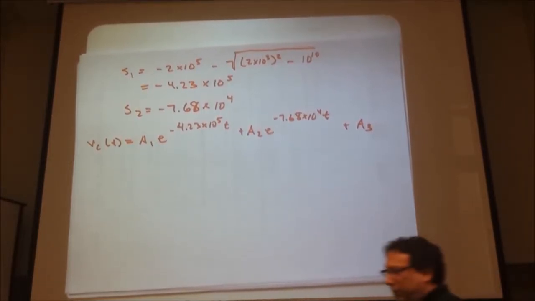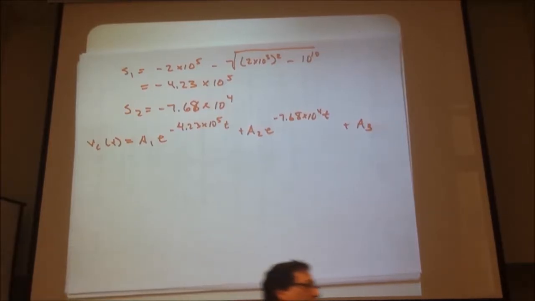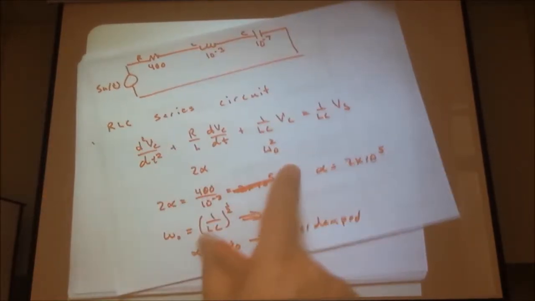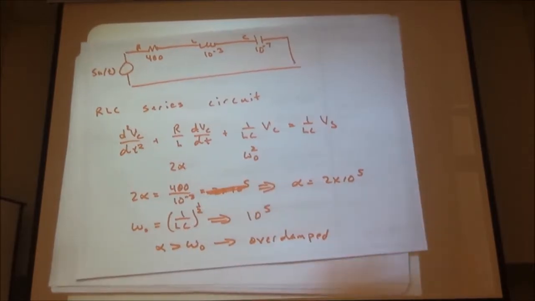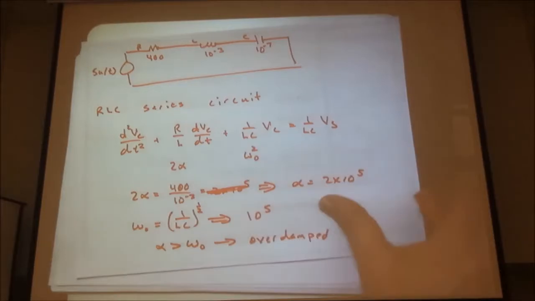So the zeroth term is always omega naught squared. The first order term is 2 alpha, and the second order term is 1. And just to emphasize again, we have to get a coefficient of 1 on this term in order to get 2 alpha and omega naught squared. So you got to clean this up. Coefficient has to be 1 here.